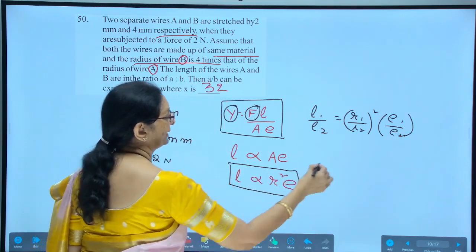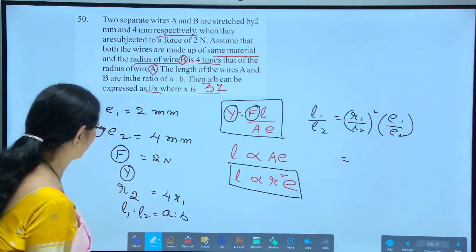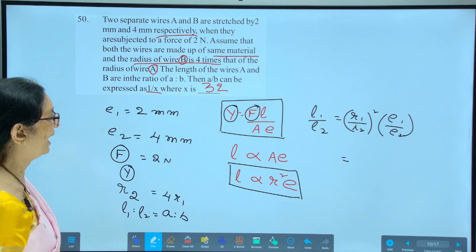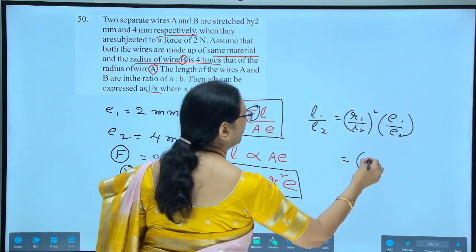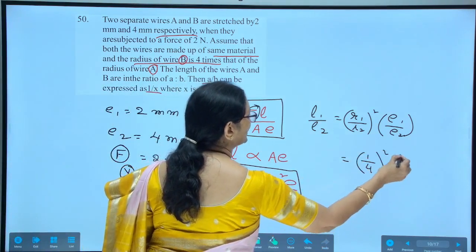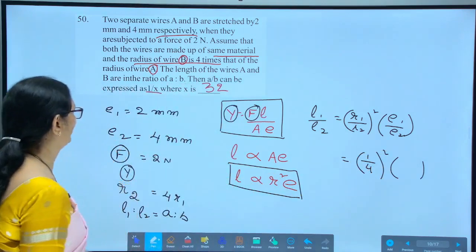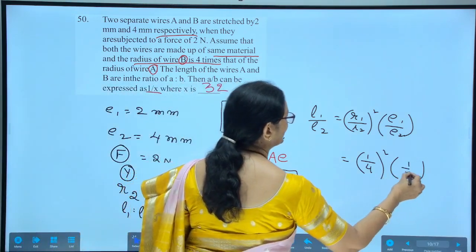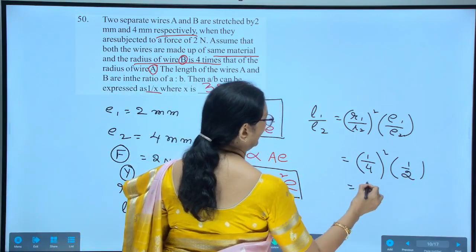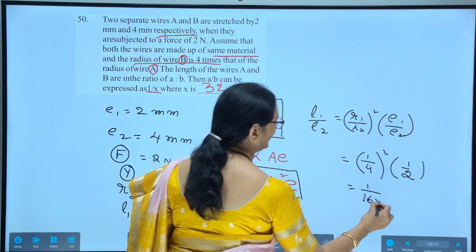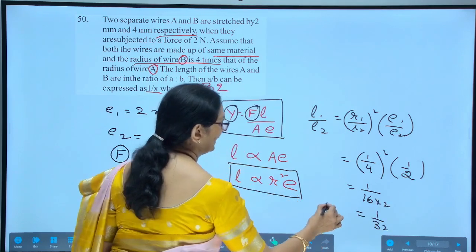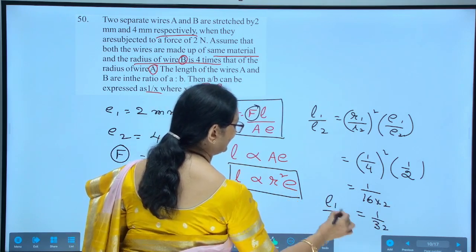See here, R2 is 4R1, so R1 by R2 will be 1 by 4 whole square. E1 is 2, E2 is 4, so E1 by E2 is 1 by 2. So it is 1 by 16 into 1 by 2, or 1 by 32. That is L1 by L2.